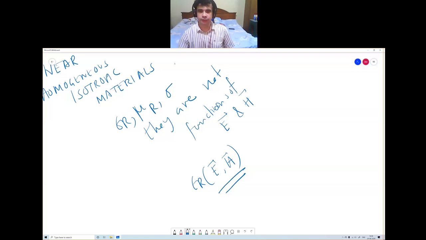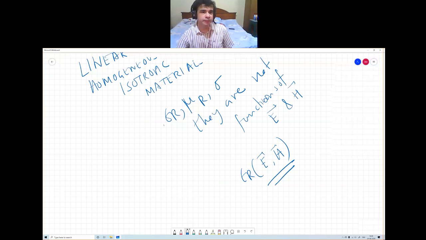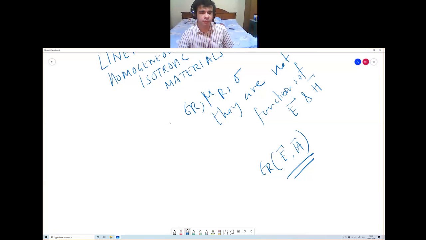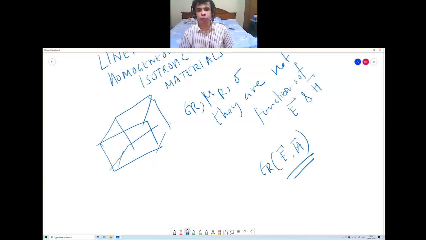What is homogeneous? Homogeneous means that if I take a material, a cube of some dielectric material or something else, the values of mu r, epsilon r, and sigma are the same everywhere in the cube. It's not that here it has some mu r, here it has some other mu r.